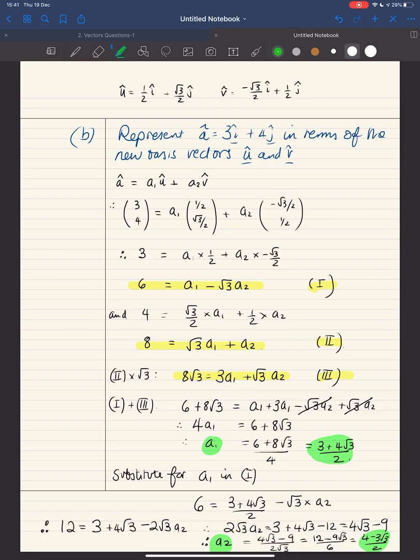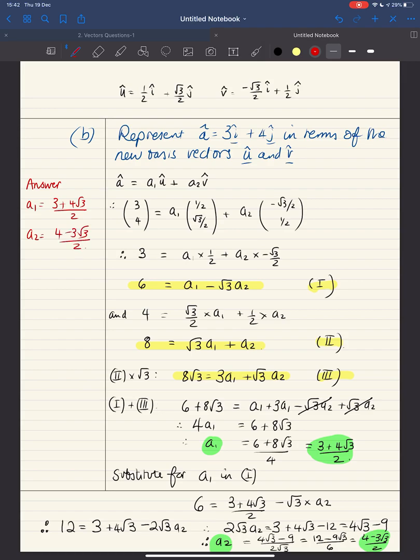So I'll just put the answer on the side here. Answer, we put it all together. We've got a1 is 3 plus 4 root 3 over 2, a2 is 4 minus 3 root 3 over 2.